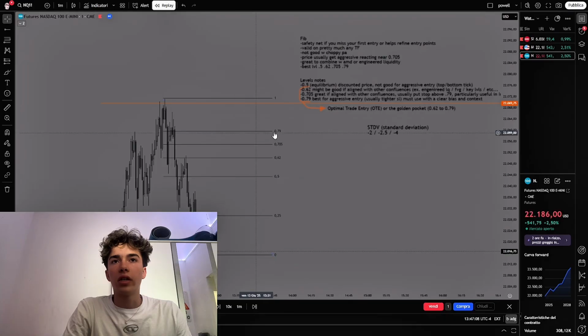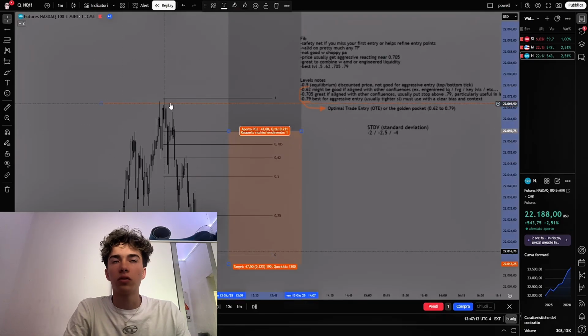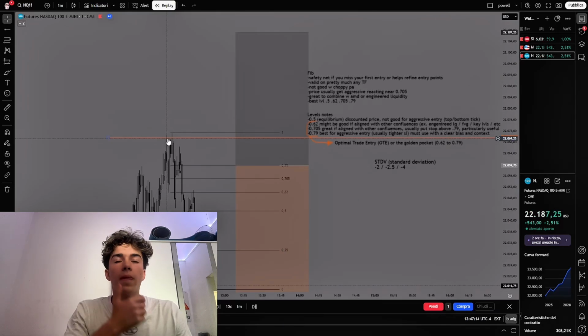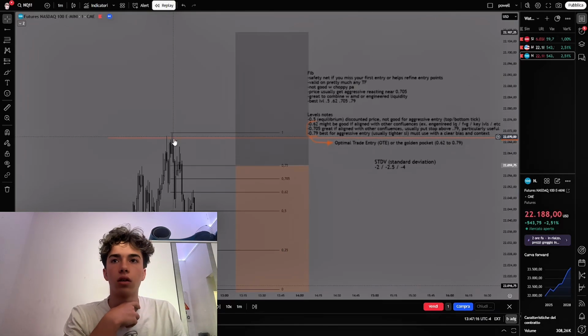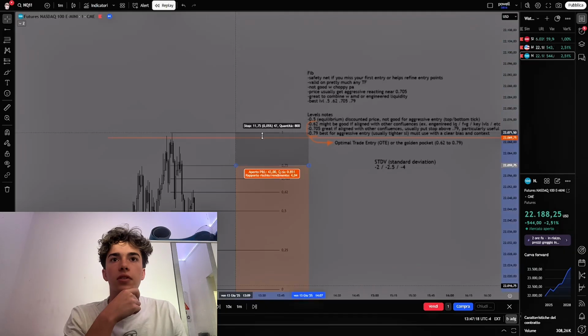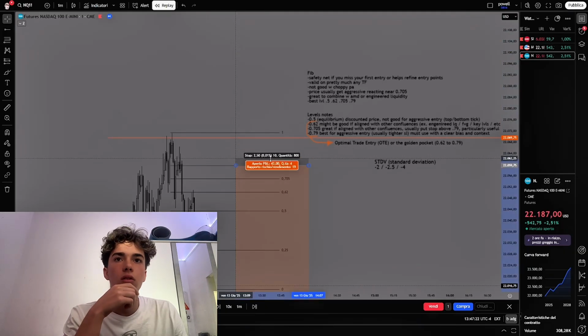We wait for the retest, for example here of the 0.79, because we had enough levels and confluence here for the first entry, so the 0.79 is good. We put a 2-point stop loss.